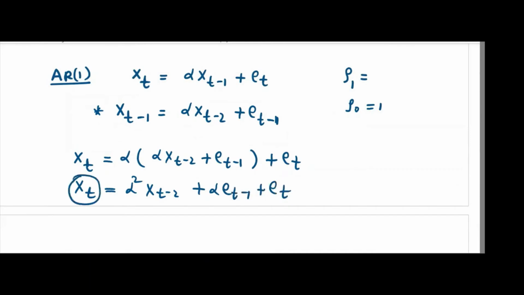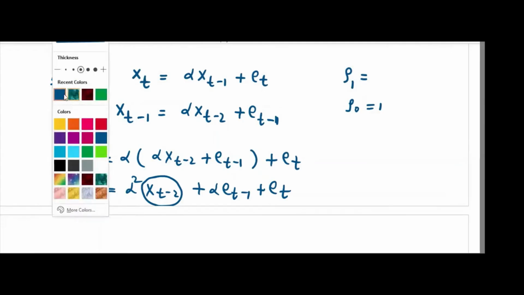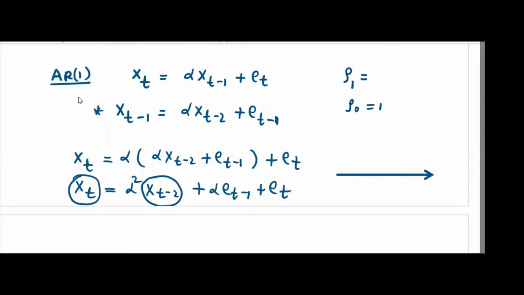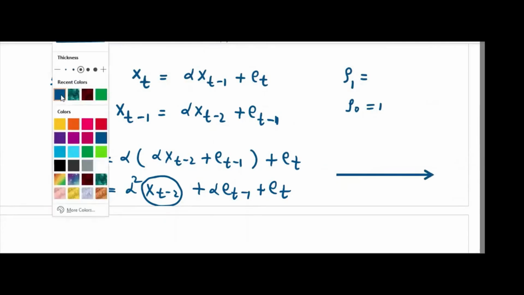Now see, there is a link with xt minus 2 as well. It's not that you are considering the AR1 process, so it will have dependence only up to one level, nothing like that. So even if you consider the AR1 model, there will be a chain of dependency.